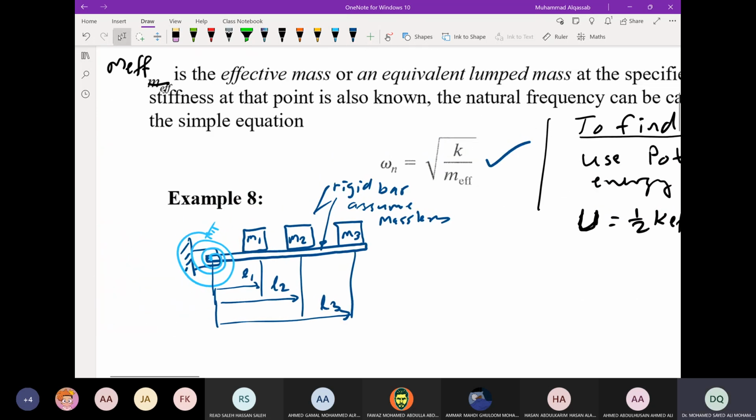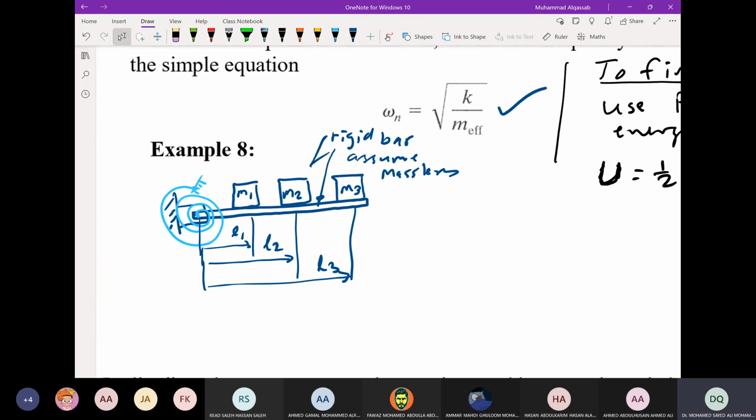Okay, so there is rotation, the bar is in rotation, but since it is rigid, it's going to carry the masses into equal or proportional displacement. So suppose we take the equilibrium, this is the horizontal equilibrium line, and this is KT, the torsional spring.